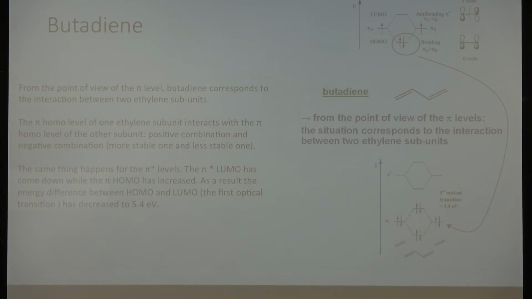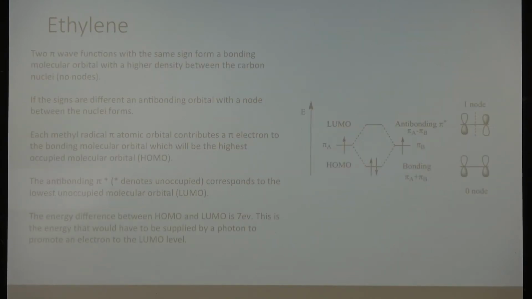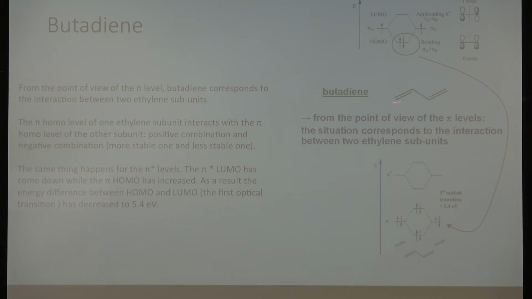What if now we moved it up to butadiene? So 1, 2, 3, 4 carbons. Now we're thinking about, in terms of these pi electrons, butadiene as corresponding to the interaction between two ethylene subunits.